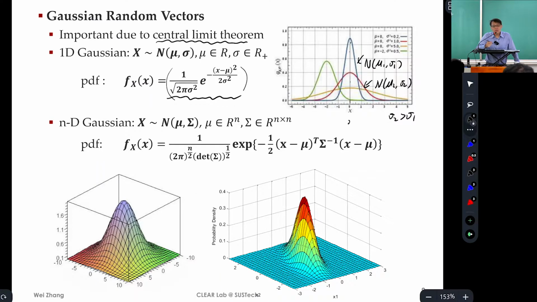All you need to know for any random variable is the density function or the PMF. If you want to prove a variable is Gaussian, you have to show its PDF has exactly this form.